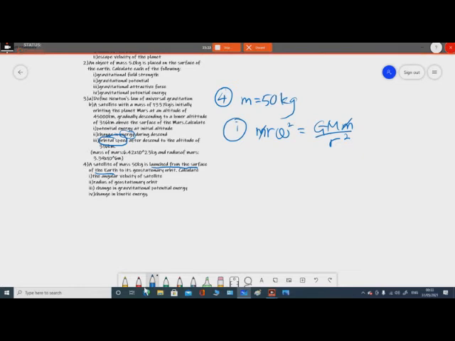So this is the radius of the Earth, a satellite to geostationary orbit. Let me think about it.